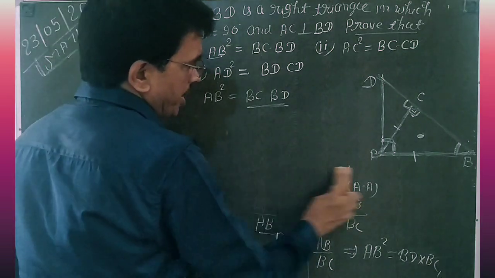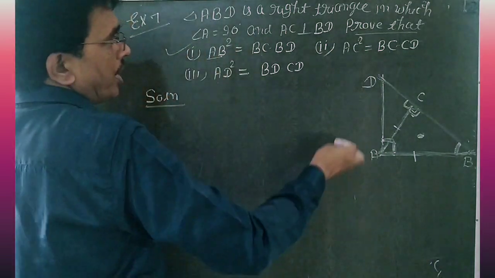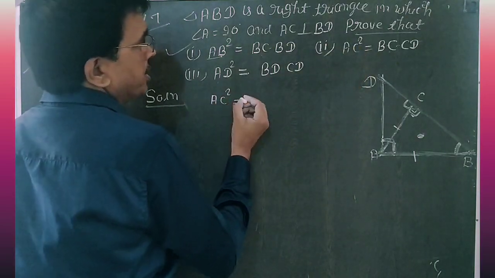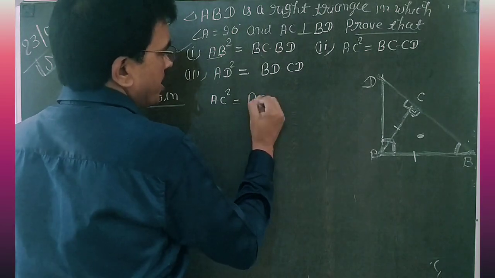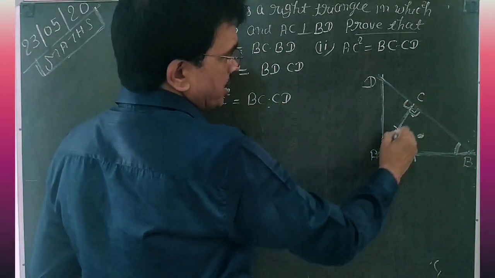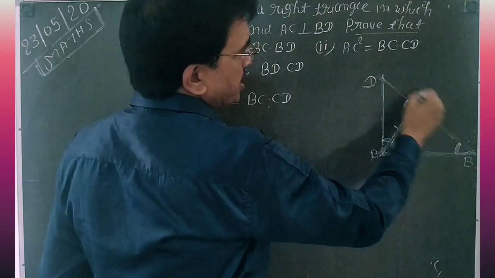Similarly, the next question is AC square is equal to BC into CD. Find out AC square, meaning taken two times, and BC into CD.